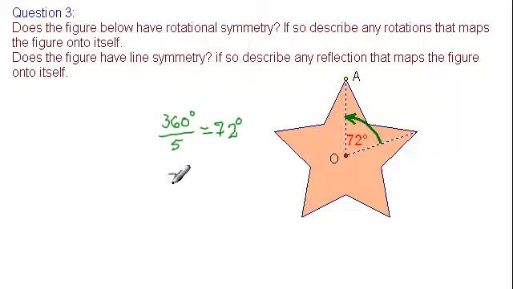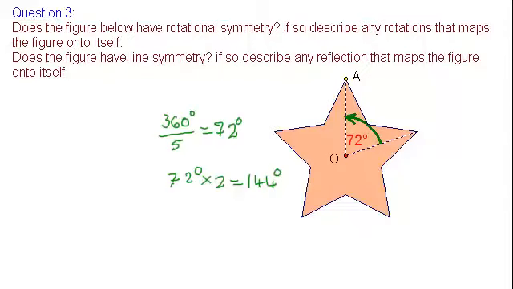The next one is going to be a multiple of 72°, so if we multiply by 2, it will give me 144°. But the least is going to be 72°, the rotational symmetry.